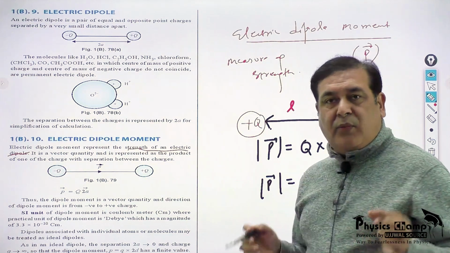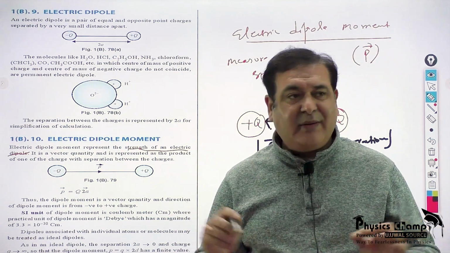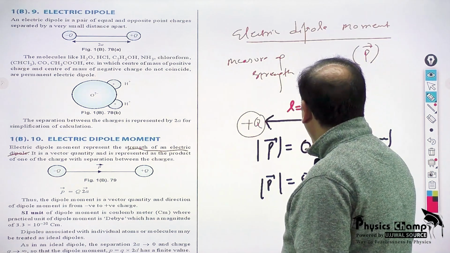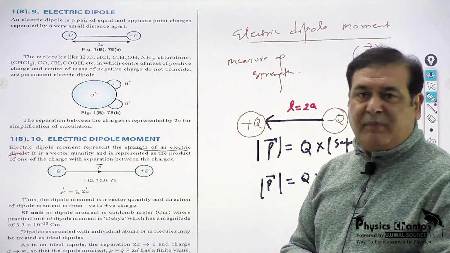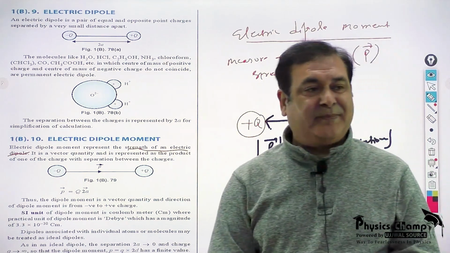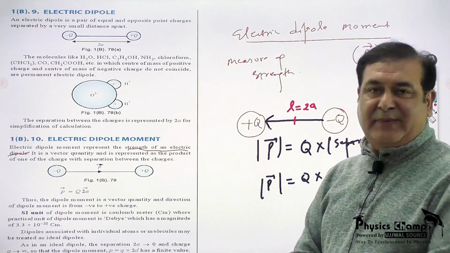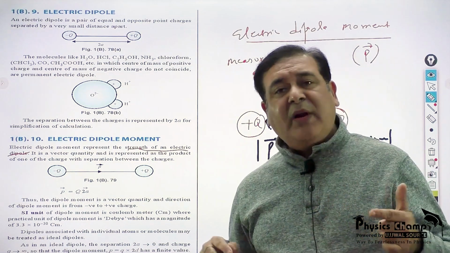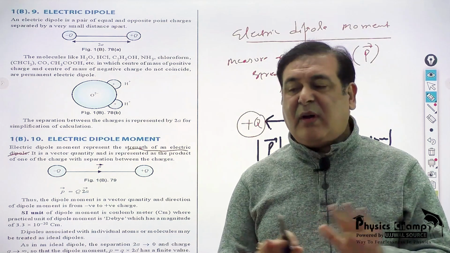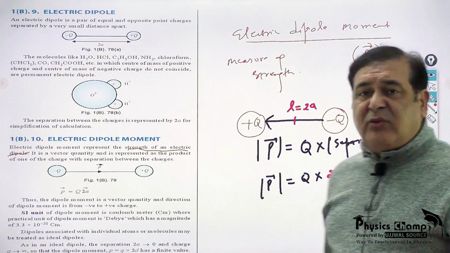But for convenience, as you will understand as we move ahead in different expressions, the separation between them is represented by 2A, because many a time we will need half distance between the two charges. Again I am saying, you can call it L, R, 2A, or 4A, but conventionally we will generally take the separation between them as 2A.